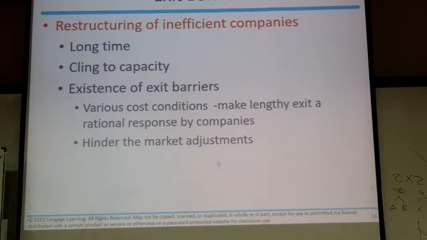Restructuring of inefficient companies takes a long time; they cling to capacity because of the existence of exit barriers. So various cost conditions may make lengthy exit a rational response for companies, which hinders market adjustment. So we're talking about exit barriers. In reality, there are exit barriers, so it's going to take a long time. They cling to capacity for as long as they can, and finally they cannot cling to it anymore. They have to shut down, close, gulung tikar.